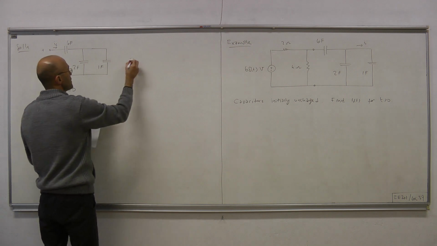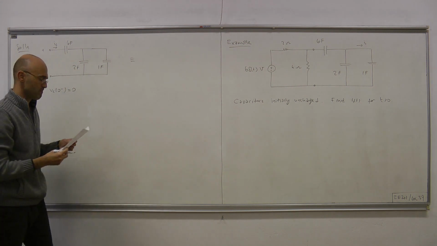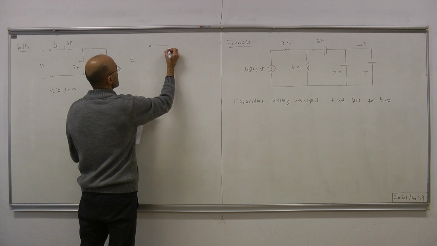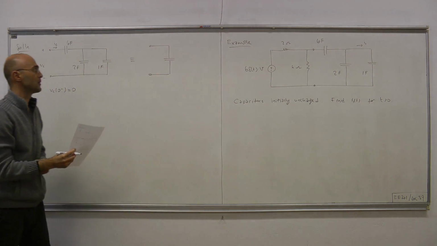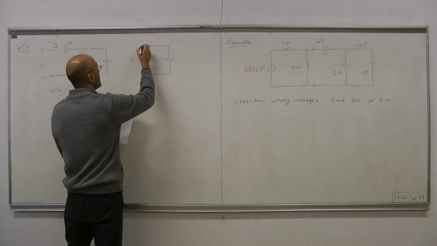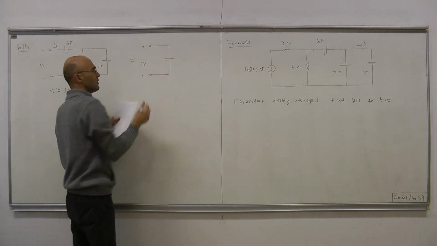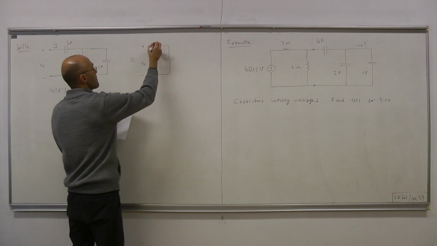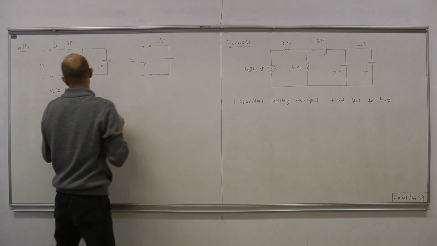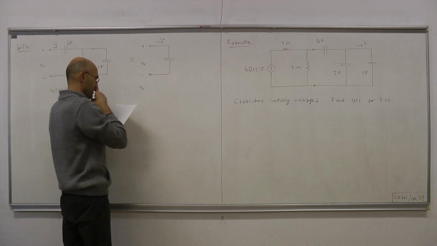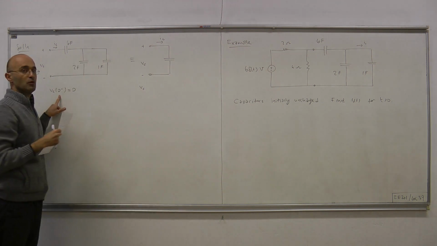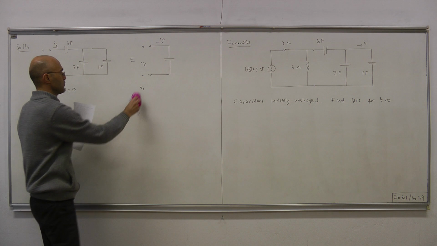And then this is equivalent to, we know from our earlier studies, a single capacitor whose initial voltage is the same as the initial voltage here, which is 0. So we don't have to do it now.